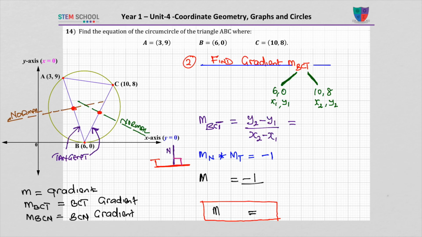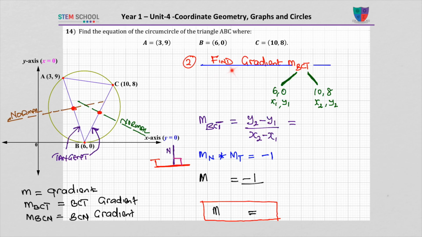Now I draw the normal line here. I need to find the midpoint, and then I'm going to find the equation of the normal here, and I'm going to equate the equations of the normals for both AB and BC, and then I need to find the point of intersection here. I need to fill in all these details here just like I did for AB.